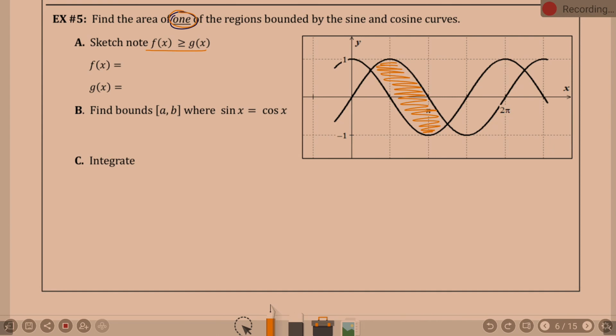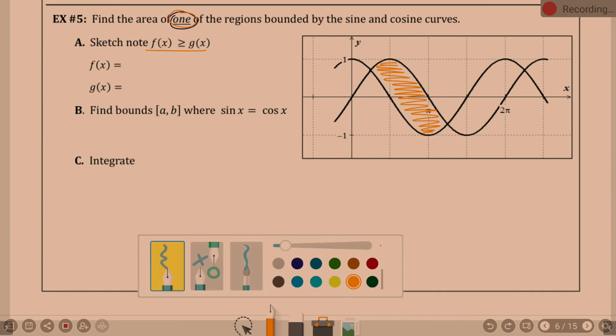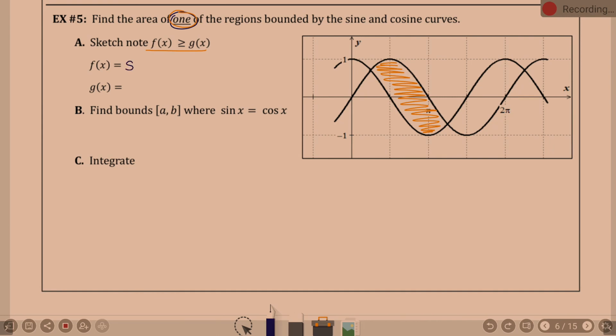Sine. Because what happens if we use this other one? Cosine's on top. Regardless, this guy right here is definitely sine, and this other guy is cosine. Both sections will be the same area, so we only have to find one.